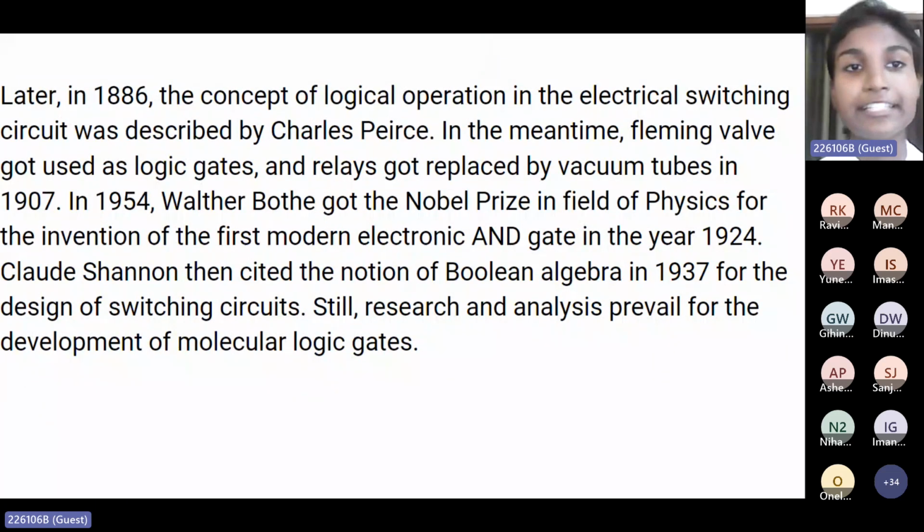Later in 1886, Charles Peirce described the concept of logical operation in electrical switching circuits. And in 1954, Walter Booth got the Nobel Prize in the field of physics for the innovation of the first modern electronic AND gate in the year 1924. From then up to now, researchers and analysts still work on the development of molecular logic gates.